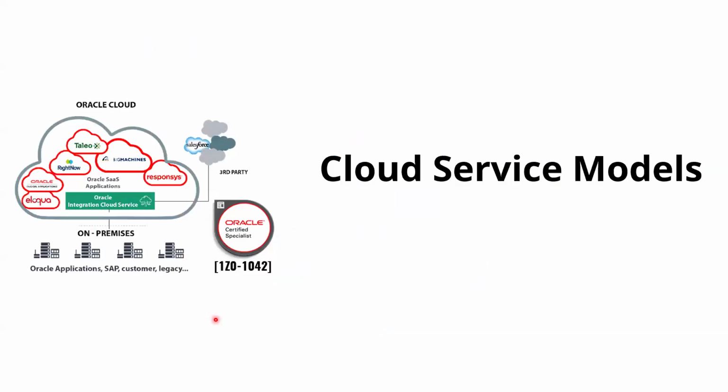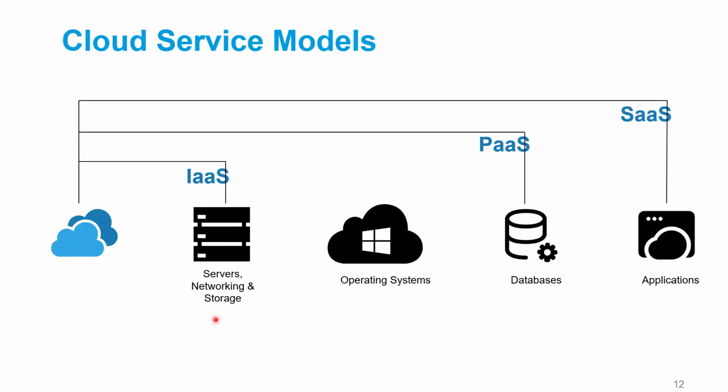So when we work with cloud, we come across service models. So what are the service models? We have infrastructure as a service. Whenever we rent network, storage, and compute servers. When I say compute, you should always think of your processor, your RAM, and also your storage, like your hard disk.